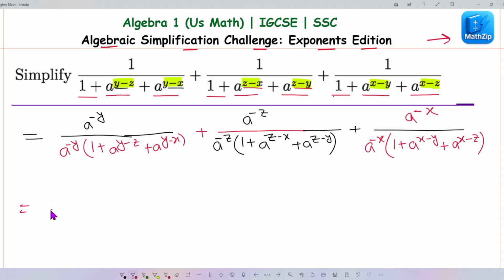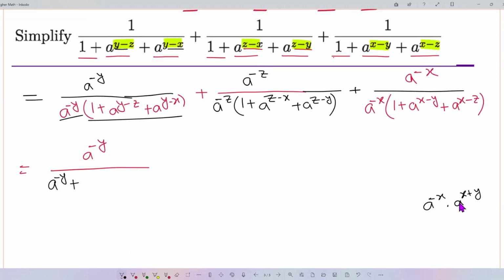Now look, here a to the power minus y. Once we multiply this one by this one, we can write a to the power minus y plus, here look, we can write like this. Suppose a to the power minus x times a to the power x plus y. This one directly we can write a to the power minus x plus y.